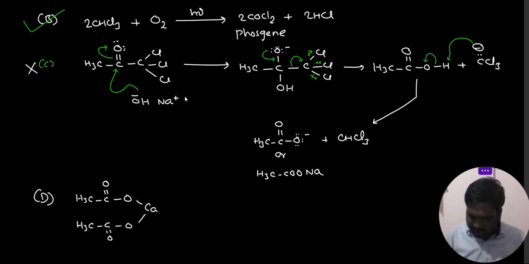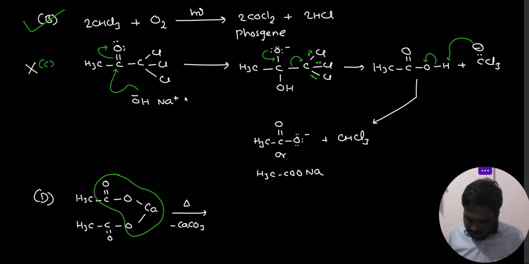This is calcium acetate, and this is also called dry distillation. On heating calcium acetate, which compound is removed? Calcium carbonate is formed as a byproduct. Then what product is formed here? Acetone.